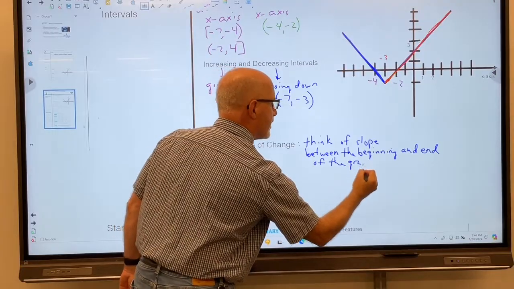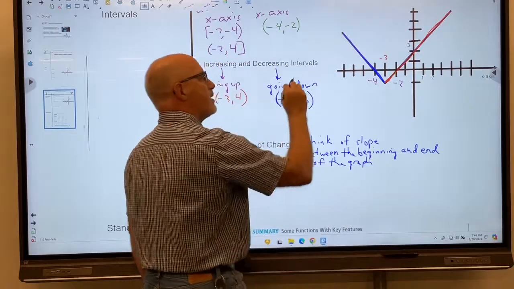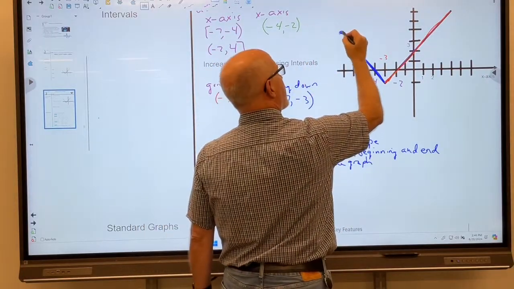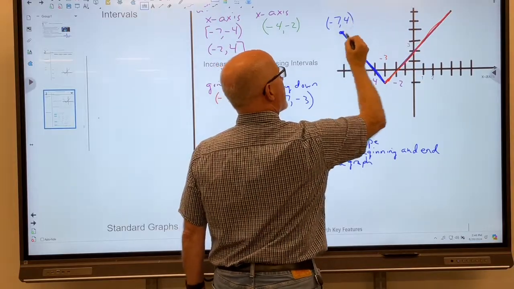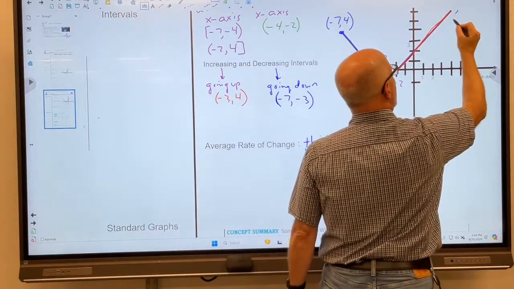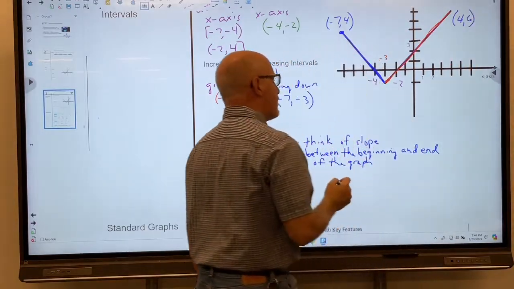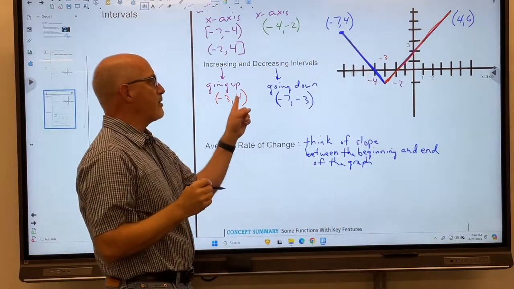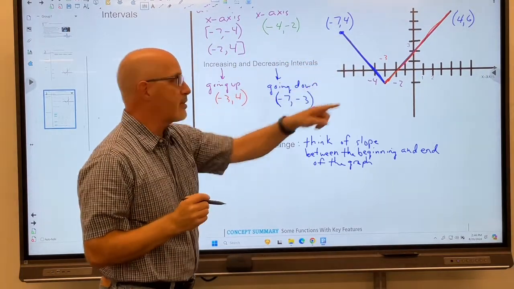So here, this point here is our beginning. This is at (-7, 4). And over here, our ending point is at (4, 6). Those are ordered pairs on the graph.